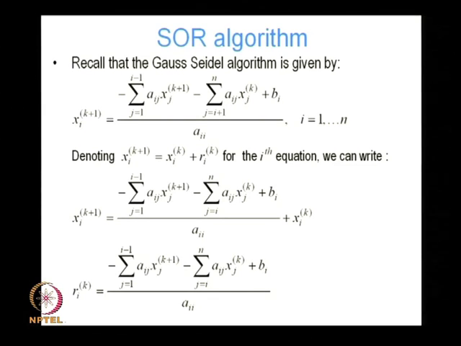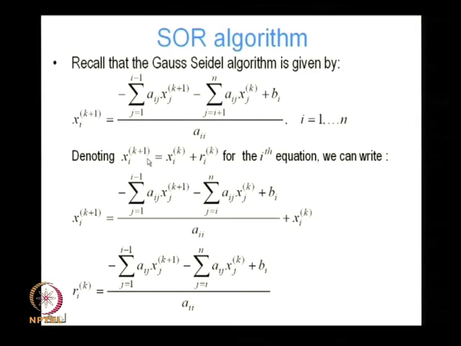This involves the values which we are using from the old iteration, and this is the right hand side. So, we recall this is our Gauss-Seidel algorithm.